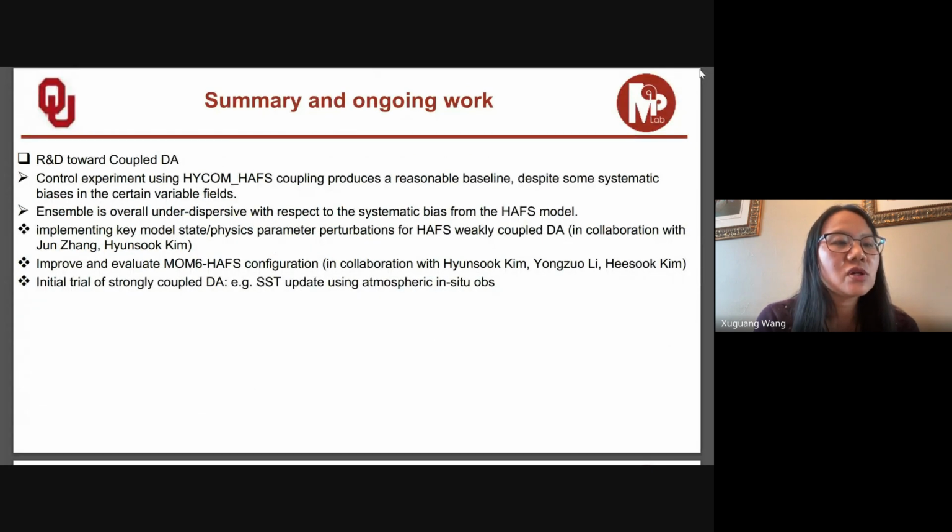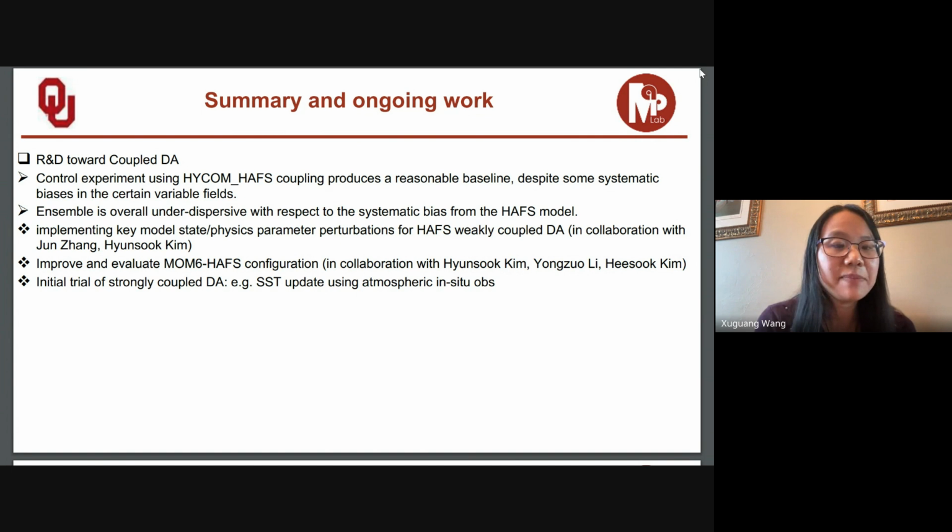For the efforts toward coupled data assimilation, we are in collaboration with EMC and HRD and Hansuk and Jun Zhang, we are trying to implement a model state physics perturbation to further improve the sampling of the background ensemble at the air-sea interface.